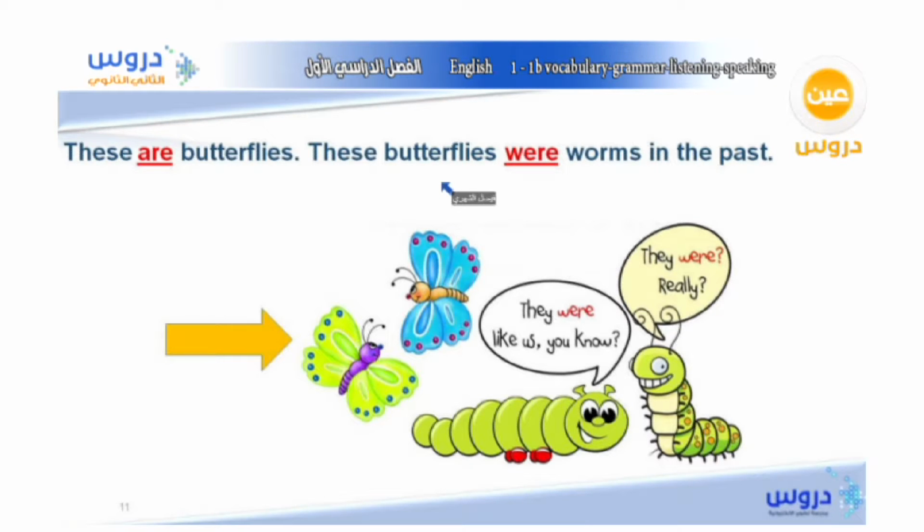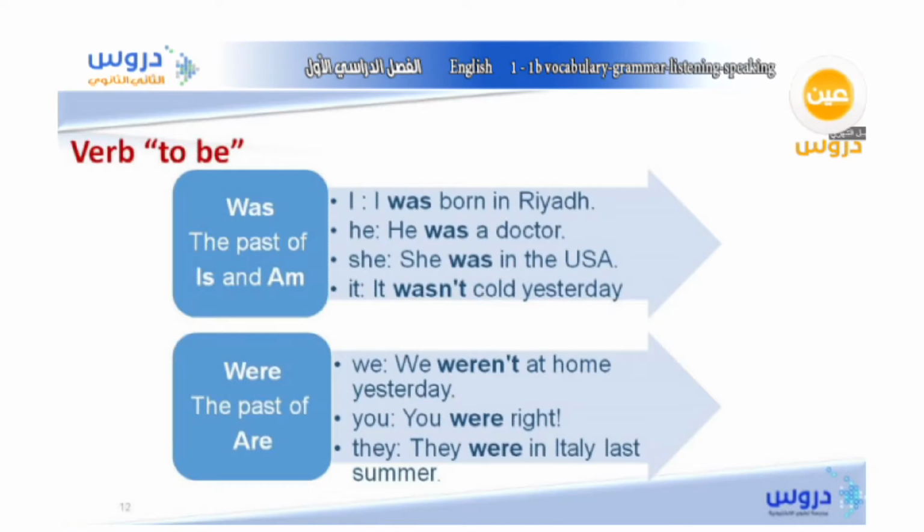So, in the present, if we want to talk about someone, you say he is a doctor, okay? Is and am in the present, we change to was in the past. So, I was, he was, she was, it wasn't cold yesterday. Okay?